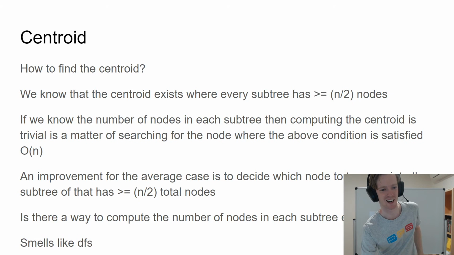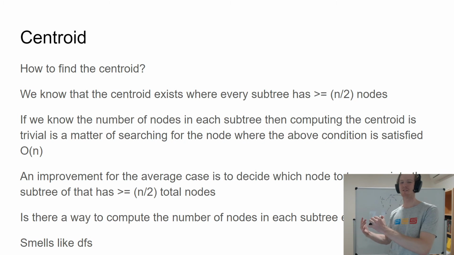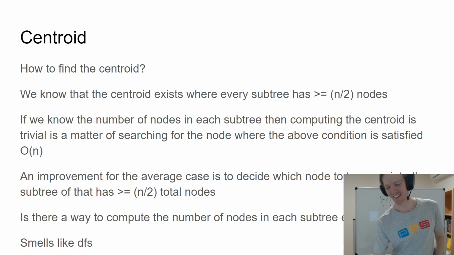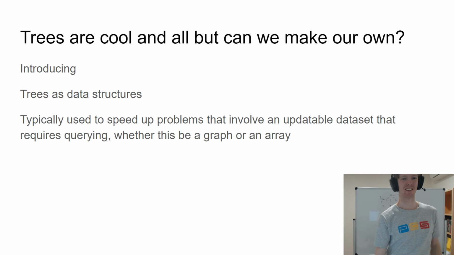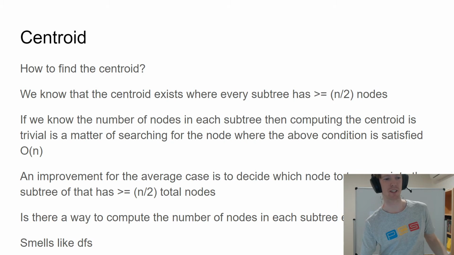So we're calculating depth on a graph. This sounds suspiciously like DFS, and it turns out that DFS is a very good way of doing this. I think I have a slide missing.